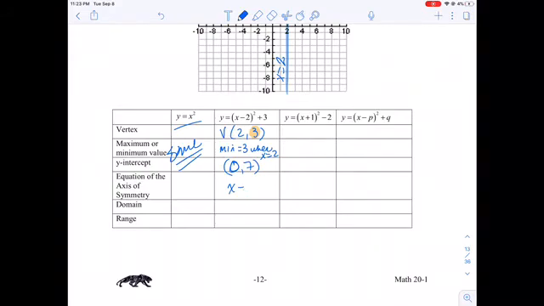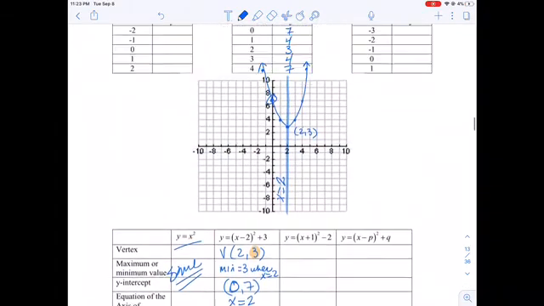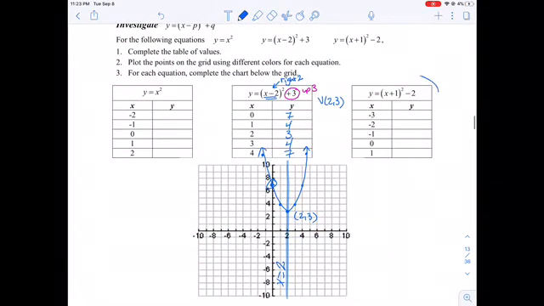Another way to write this, by the way, is x equals 2 or x minus 2 equals 0. Sometimes you see that. Domain: all x is all reals. Range: y is greater than or equal to 3. Okay, I'm going to pause the video and let you guys complete this one and the table below.